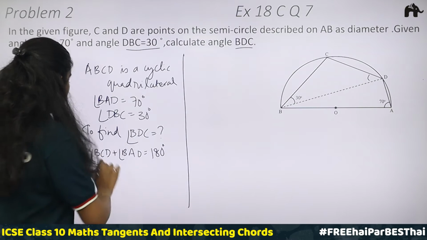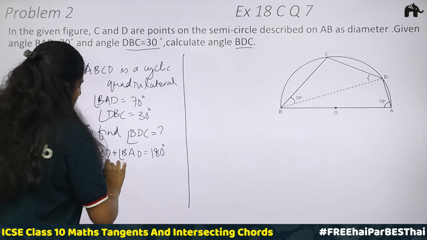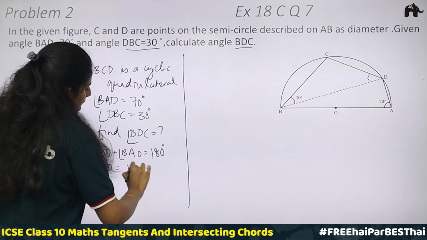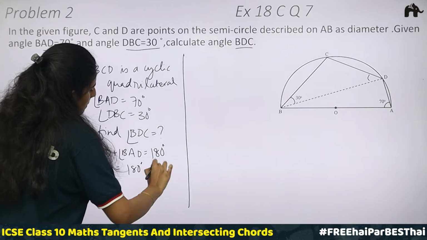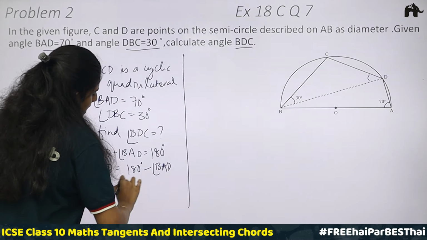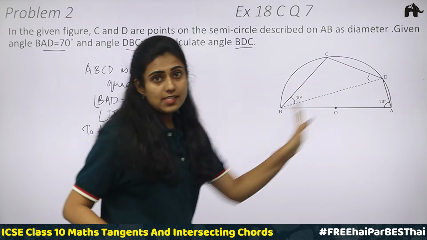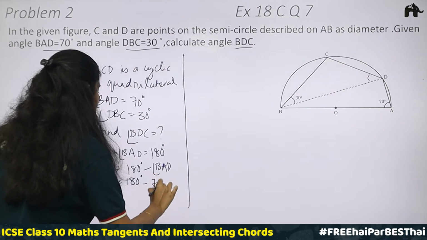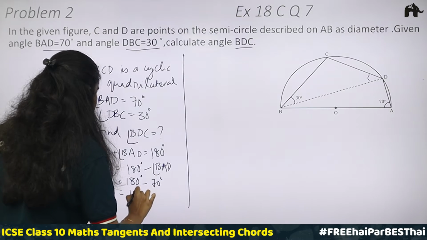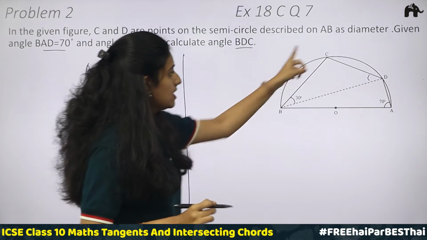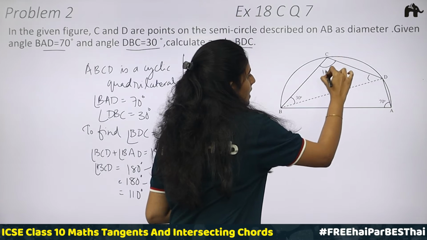Now put the value. Angle BCD is equal to 180 degrees minus BAD, that is 180 minus 70 degrees. You get 110 degrees. BCD, this angle, is 110 degrees.